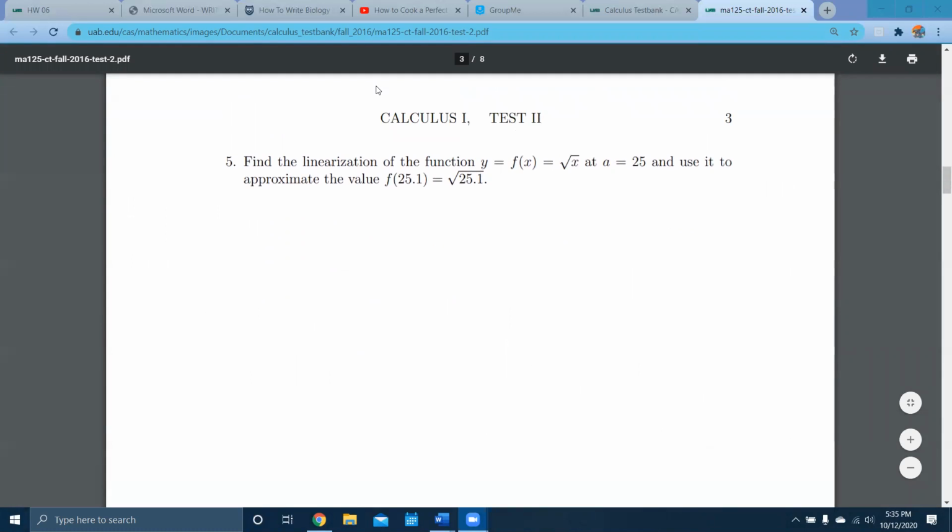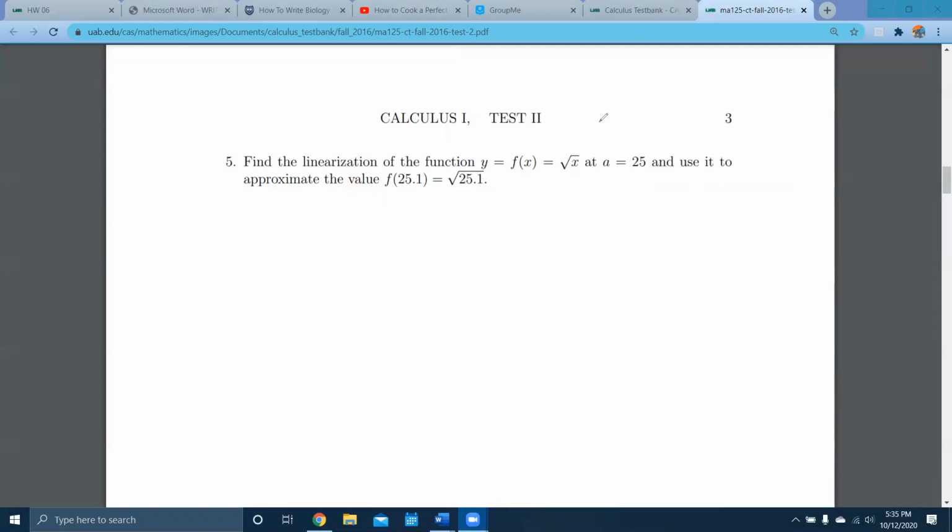Find the linearization of the function y equals f of x, which is equal to square root of x, at a equals 25, and use it to approximate the value of the square root of 25.1. All right. So this one is the one we're going to do. We're going to solve this one by linear approximation.